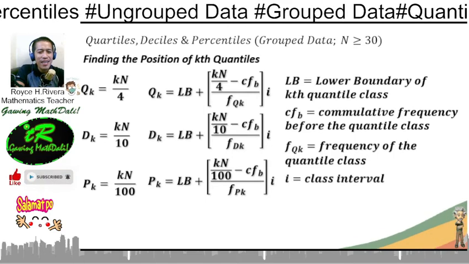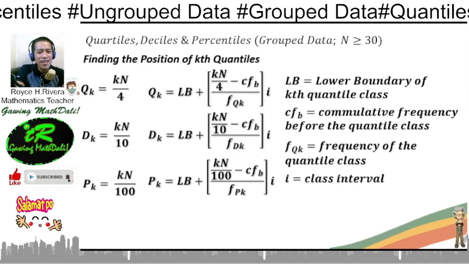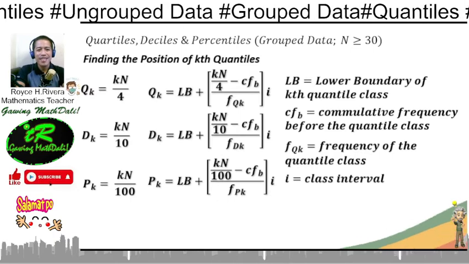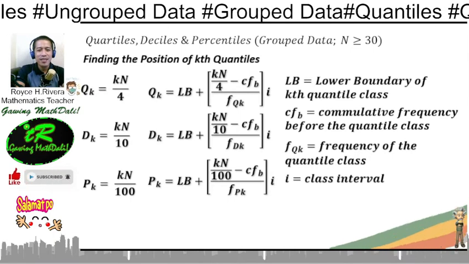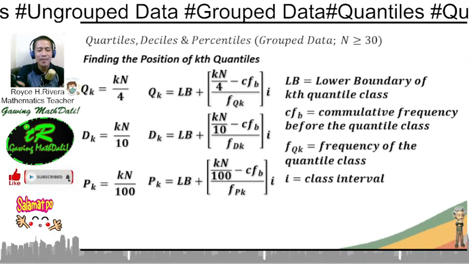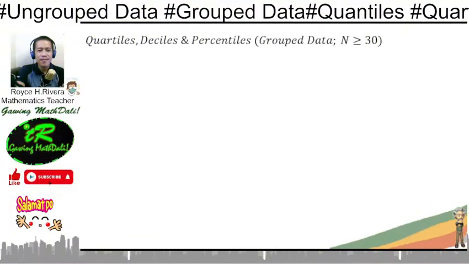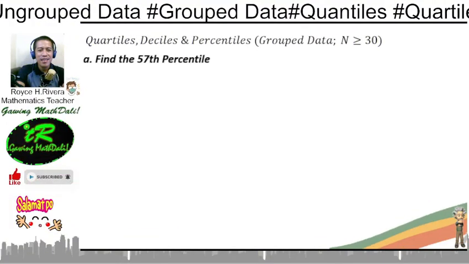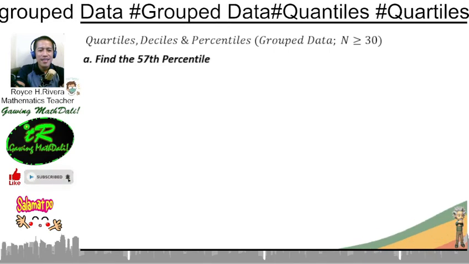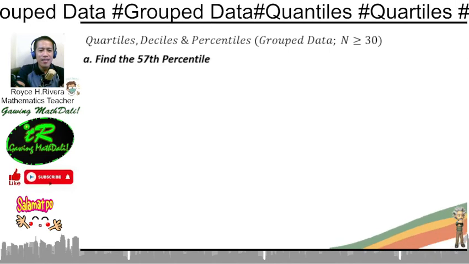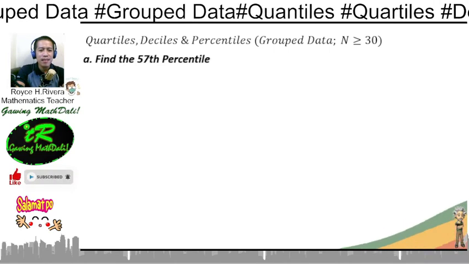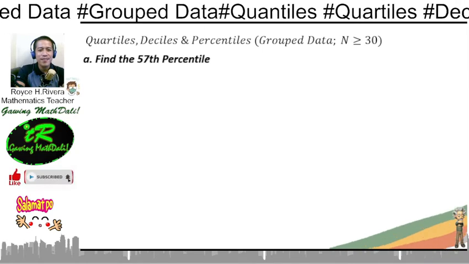And i is the class interval. Balikan natin yung data natin kanina sa table. At subukan natin na kunin ang value of the 57th percentile.